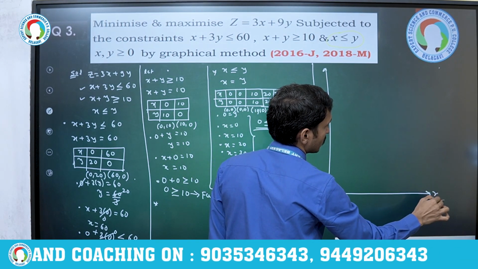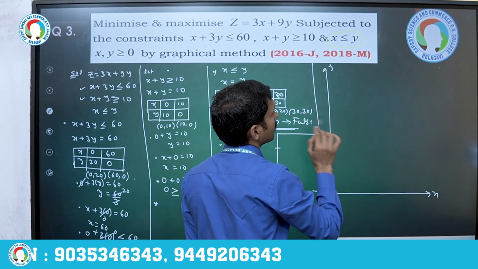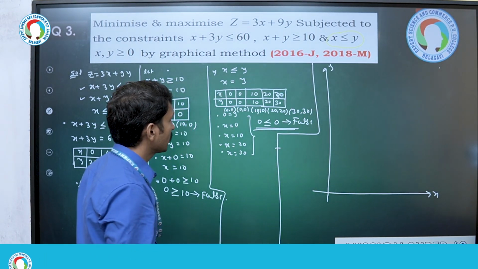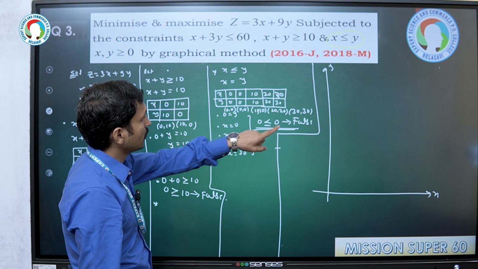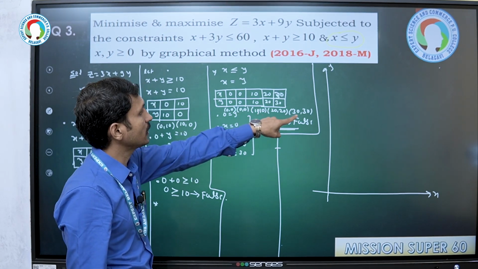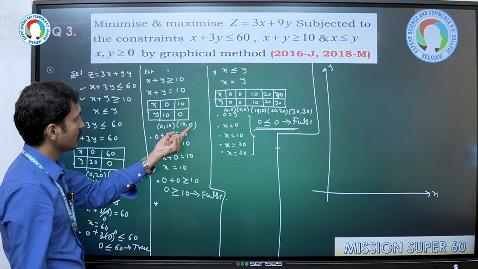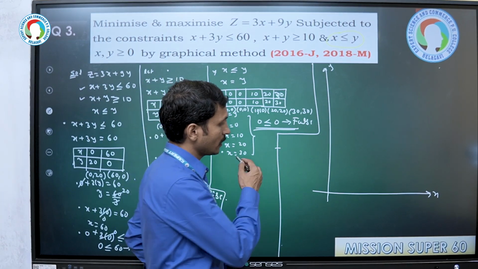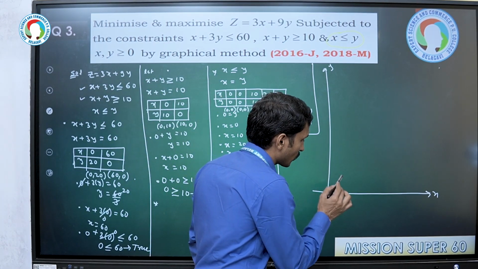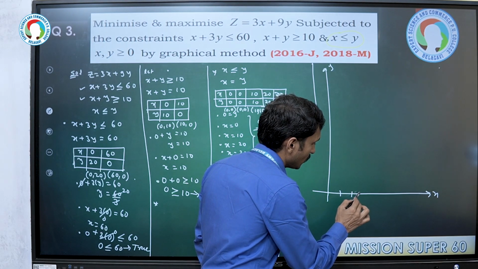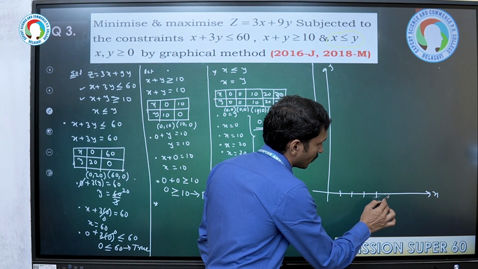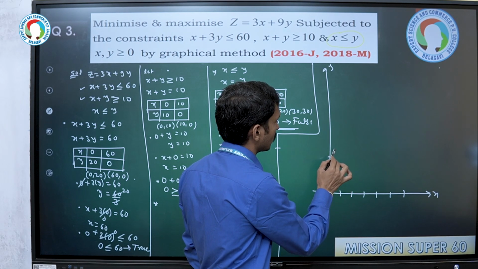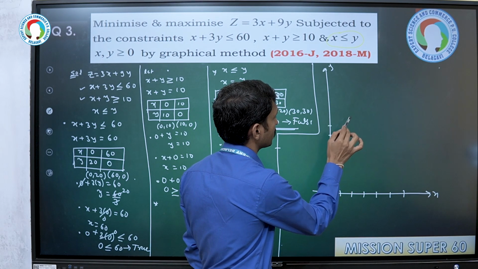Okay, so after graphs, this is the x axis, this is the y axis. In this we want to write the scale. Before that, what is the highest point? In this 30 is the highest point, in this 10 is the highest point, in this 60 is the highest point. So 60 is the highest point overall: 10, 20, 30, 40, 50 and 60.